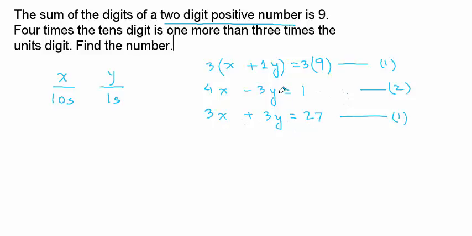Now I'm going to add up the left hand sides of the two equations. That's 4x plus 3x, minus 3y plus 3y is equal to 1 plus 27. The whole idea of making the 3 and the 3 is to cancel these off, so that we have 7x is equal to 28, which means x is equal to 4.